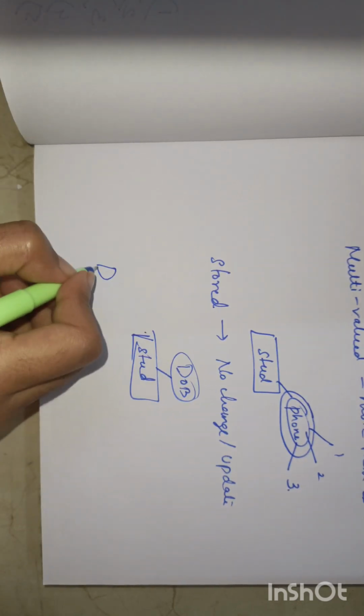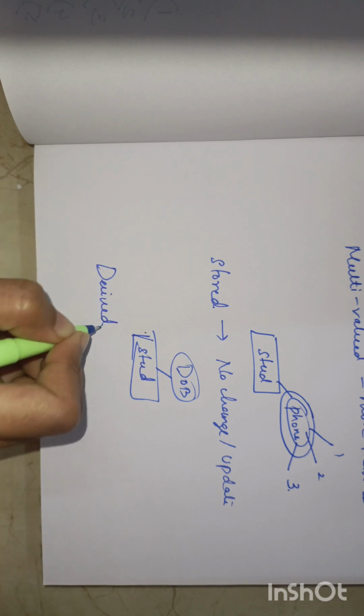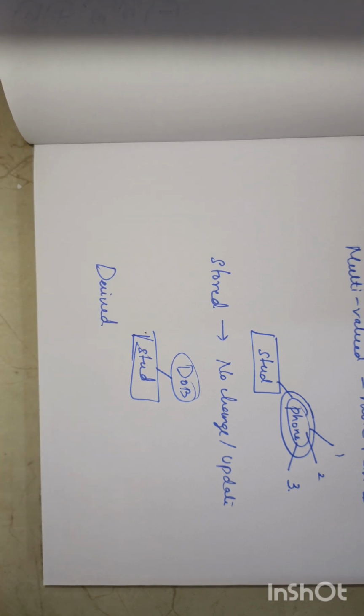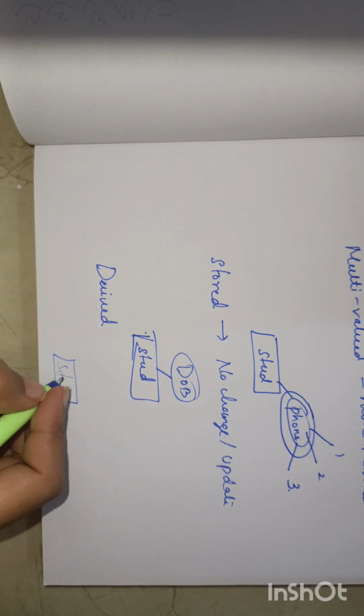Next we have derived attribute. A derived attribute is one that can be derived from other attributes. For example, total and average marks of a student. Say age of an employee, that is derived from a date of birth. So let's consider we have a student.